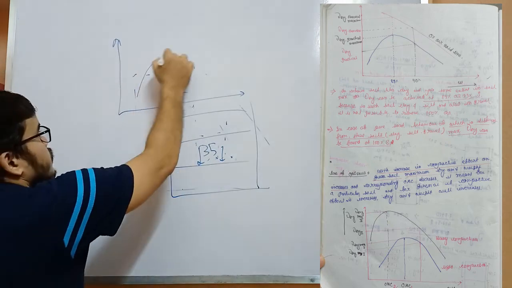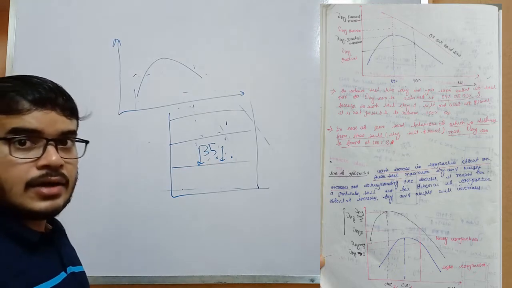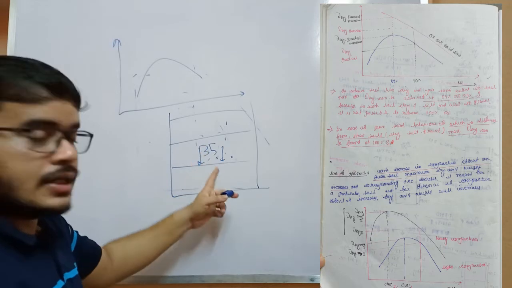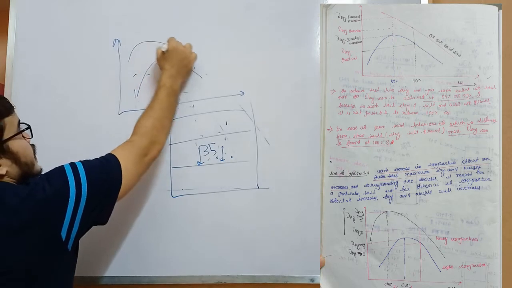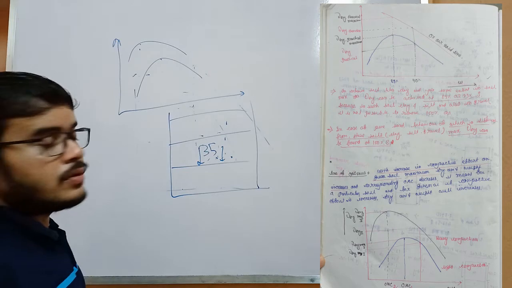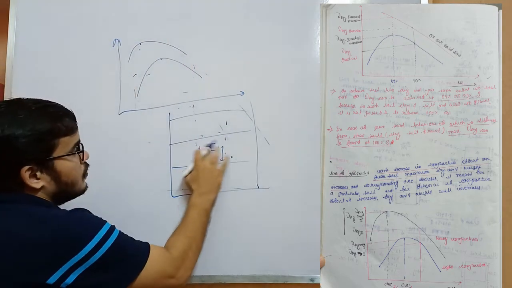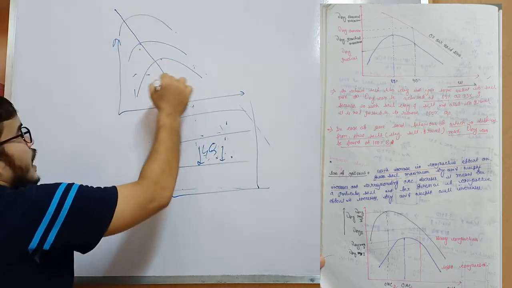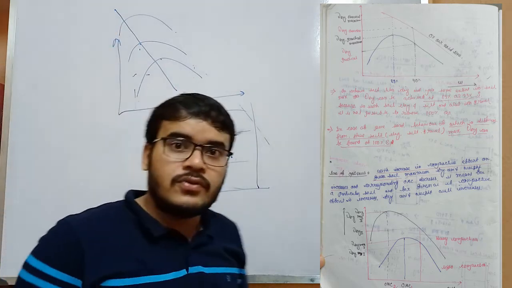If we give 25 blows, we get this type of curve, and now we have increased the blows from 25 to 35, so we will get this type of curve. Gamma dry is here for 25 blows, and here for 35 blows. If we increase it to 40, we will get this type of curve, and if we join all the peaks, then this line is called the line of optimum.